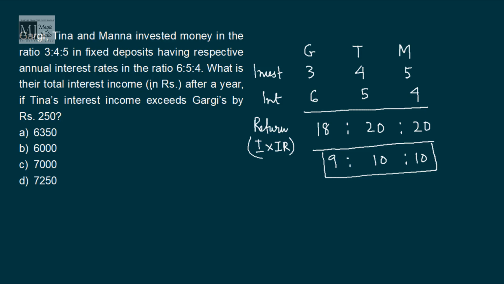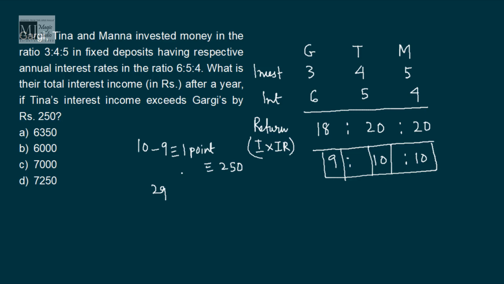What is the total interest income in rupees after a year if Tina's interest income exceeds Gargi's by 250? Tina's income exceeds Gargi's, that means 10 minus 9 equals 1 point ratio difference is equal to 250. Then what is the total income of all three? 10 plus 10, 20 plus 9, 29.